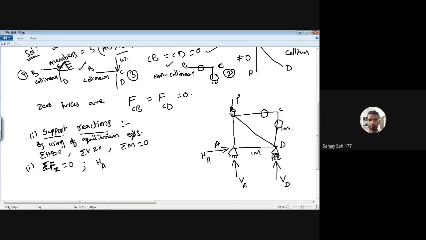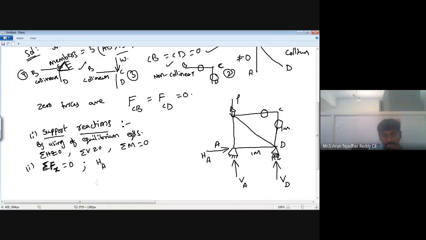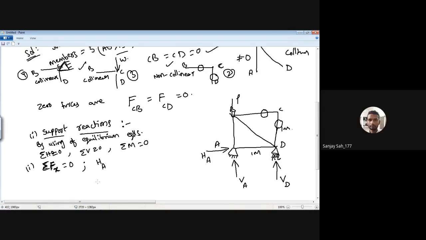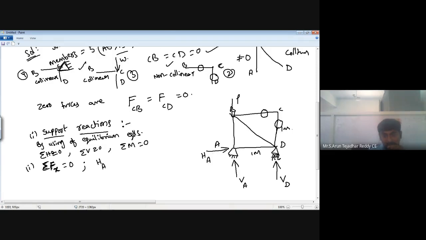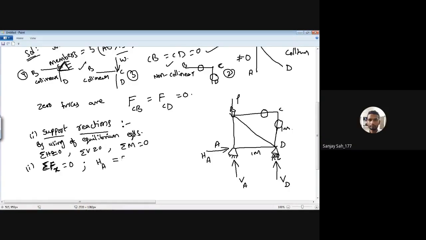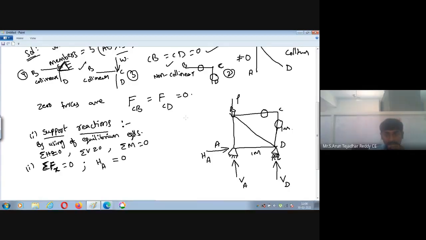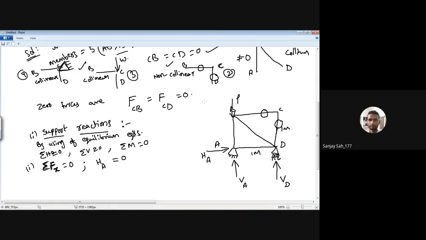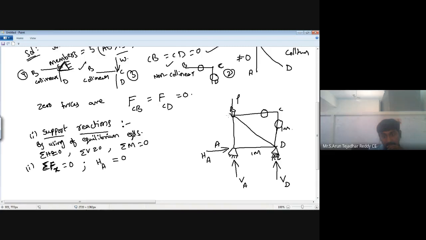Where is HB? Only HA is a horizontal force. Why is HB not there? There is no external support at B. Suppose if there is a support acting here, then obviously there would be one more horizontal force and one more vertical force.